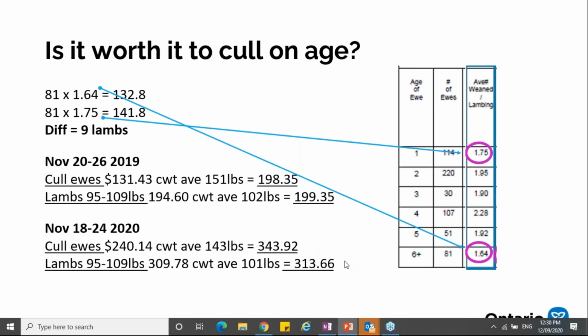And that changes the numbers again, where there could have been some older ewes that aren't performing as well that you would choose to sell off, even if you might have kept them in 2019. In 2020, you might say, hey, I can actually get more than what I can for the lamb I'm going to keep back. And so maybe, right? So is it worth it to cull on age? Maybe.